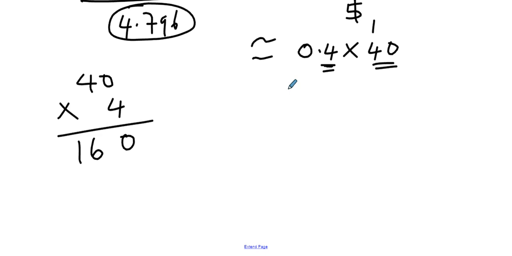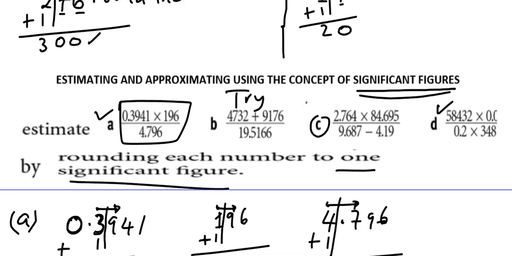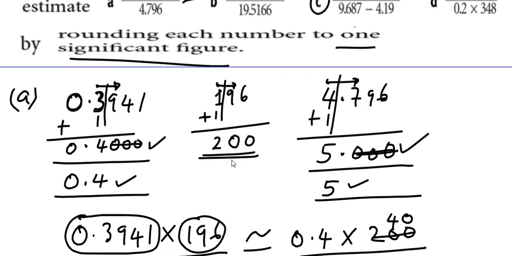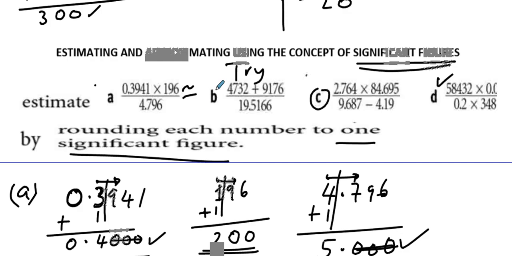You have one decimal place, so count one number. This is approximately equal to 16. Can you see that? So this calculation you see here, the whole thing is approximately equal to 16.